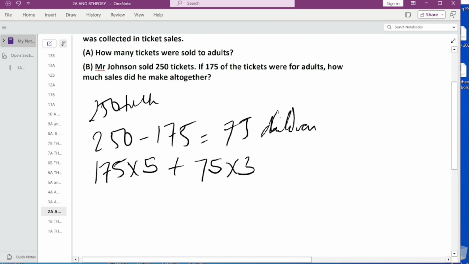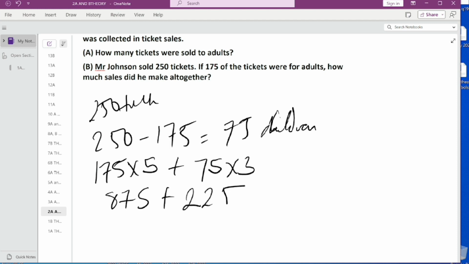We multiply 175 times 5, we get 875, plus 75 times 3, which is 225. We add it together, he sold D1,100.